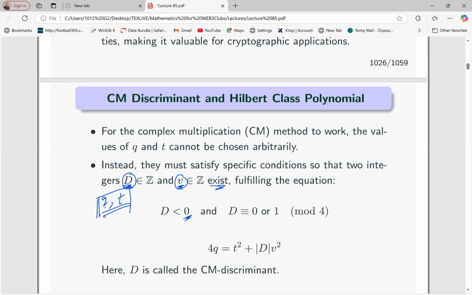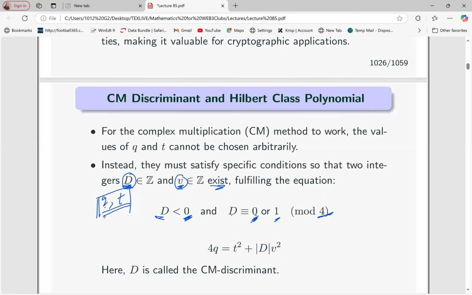That is one condition. And then D must also be congruent to 0 or 1 mod 4. So your choice of Q and T determines that you should get a D that is less than 0, and if it's not congruent to 0, then it must be congruent to 1 mod 4.